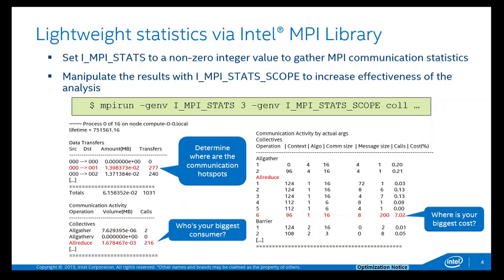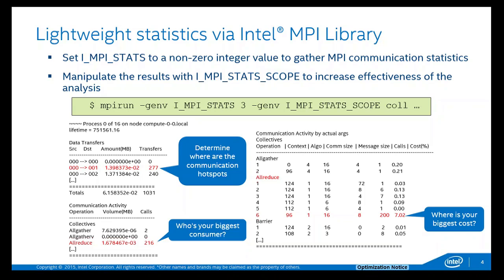So while this information is great, there's a few things that are missing. This is fine if you're running, let's say, 16, 32, even up to 100 ranks, you might be okay. But once you get to 10,000 ranks, sorting through all of that data is near impossible.